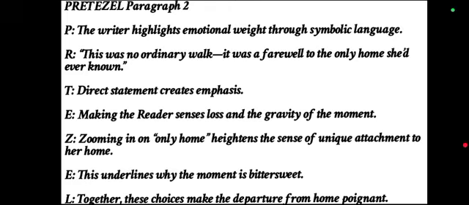Then let's zoom in. Zooming on "only home" heightens the sense of unique attachment to a home. This underlines why the moment is bittersweet. Then let's link it back to the point. Together, these choices make the departure from home poignant, that is, it makes it sad.